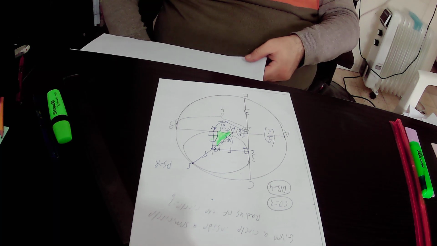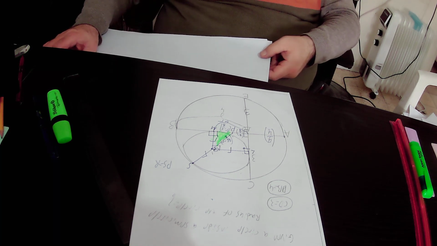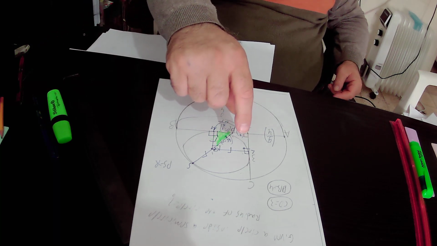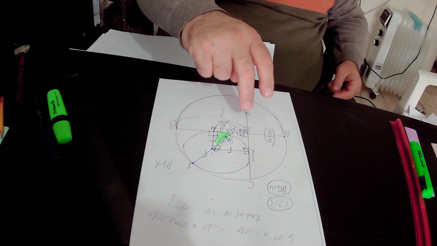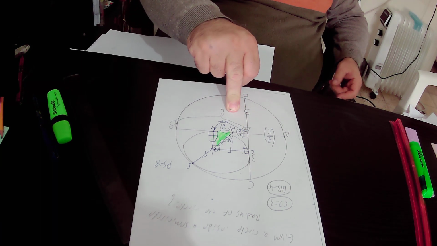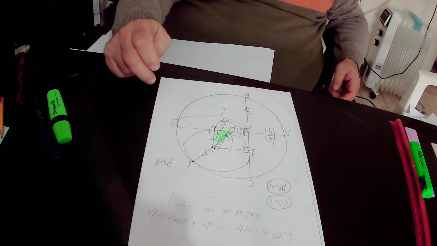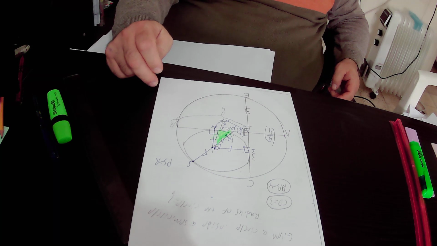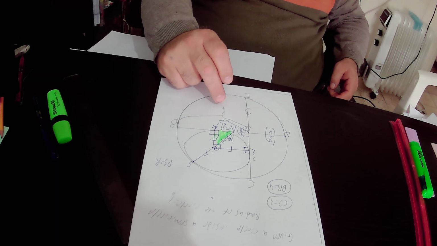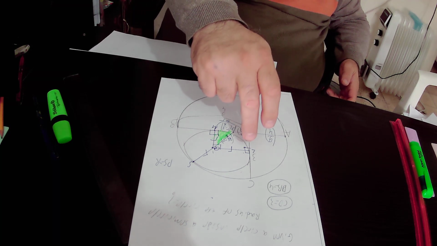And actually here, the new semicircle that we created by the construction is a mirror image of the original semicircle. I'll repeat again: this new semicircle is a mirror image of the original semicircle.